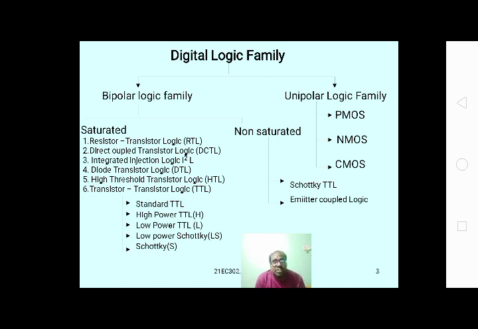First of all, the digital logic family is divided into two types: bipolar logic family and unipolar logic family. Bipolar has two types, saturated and non-saturated. Unipolar has one type: PMOS, NMOS and CMOS.